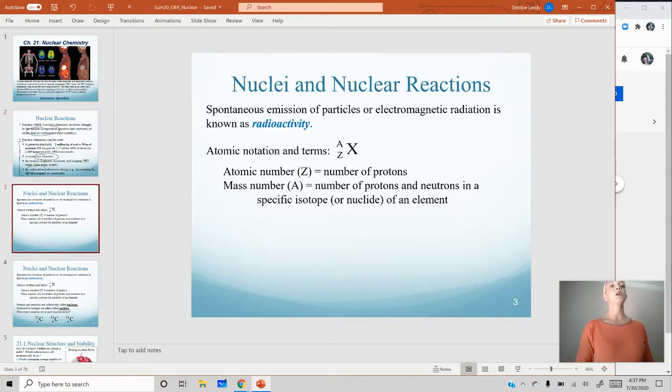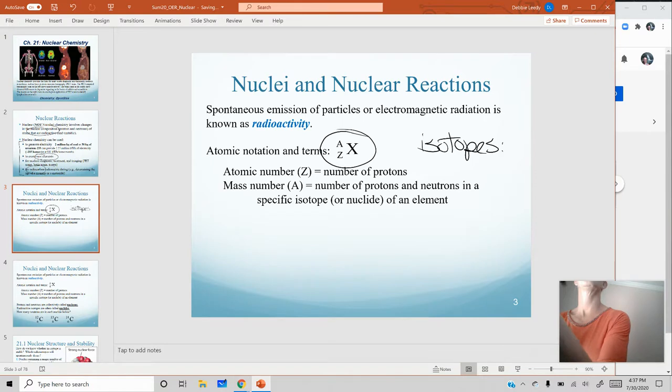So to continue our introduction here, we will start with a reminder of the notation we use for specific isotopes. So remember, when we're discussing isotopes, these are substances that change the number of neutrons in a given element.